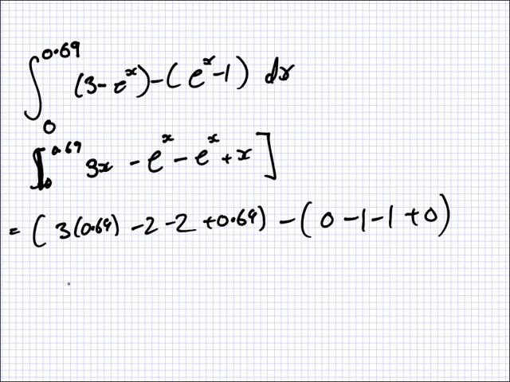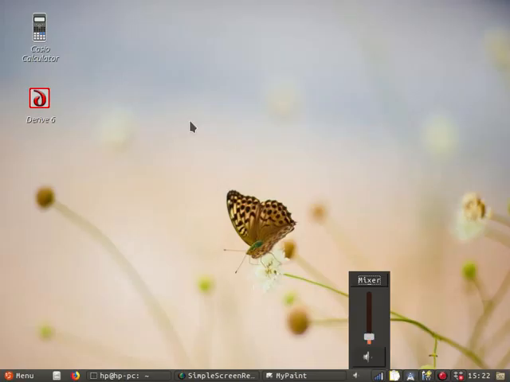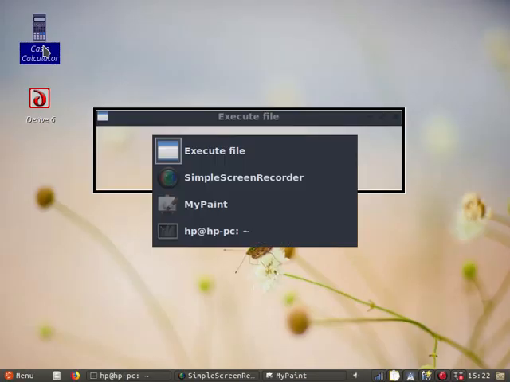I can't do this in my head. It's minus 1.24 for the first half. Are you okay, yeah. I might be wrong. No, I think that's okay. And then plus 2. So 0.76. Now, of course, we can check our answer on the calculator.